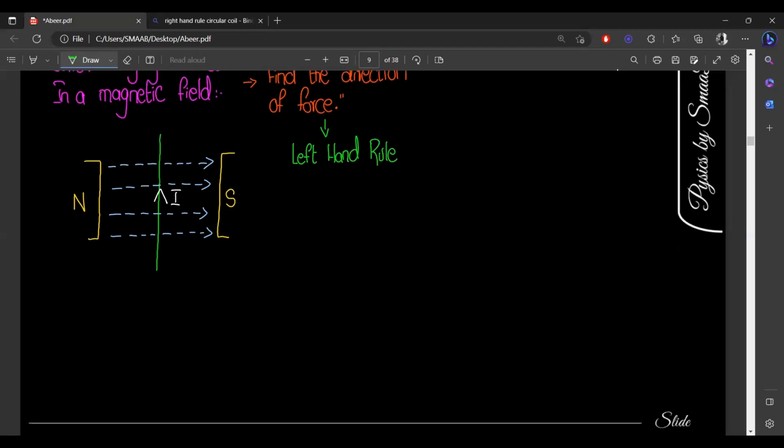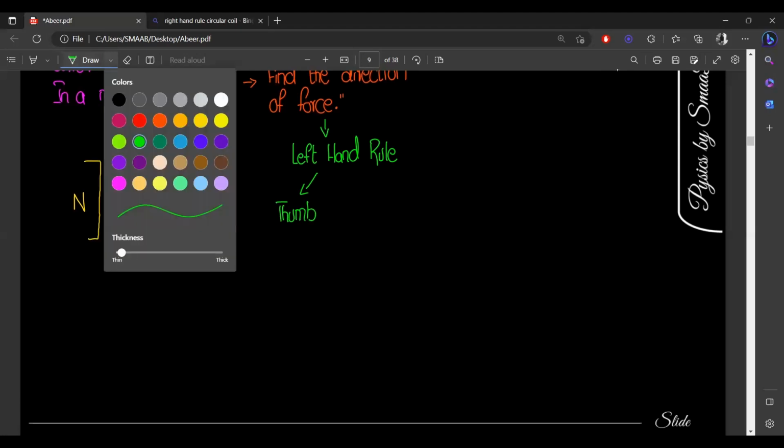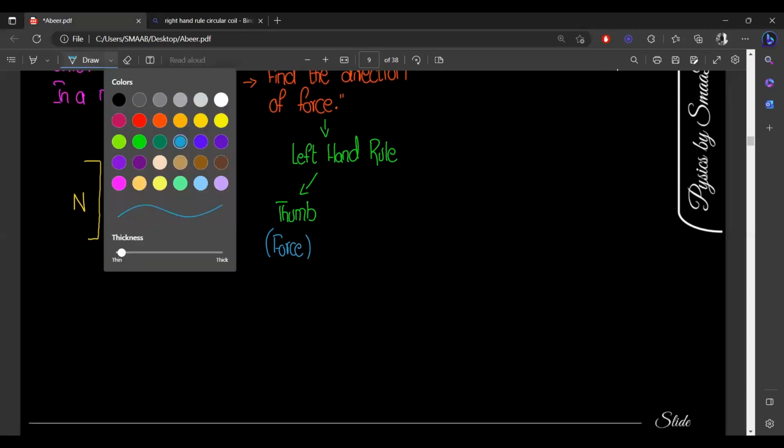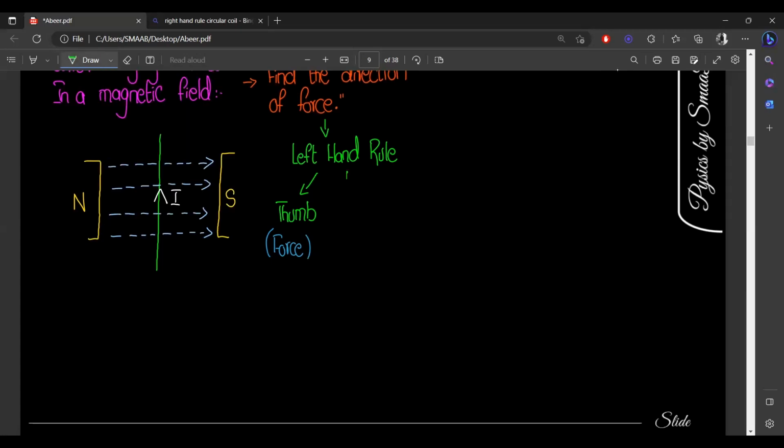So how to use that left hand rule? In the left hand rule, first let's talk about the thumb. The thumb gives you the direction of force. Yes. And if we talk about the second quantity, which is the first finger, it is the magnetic field.